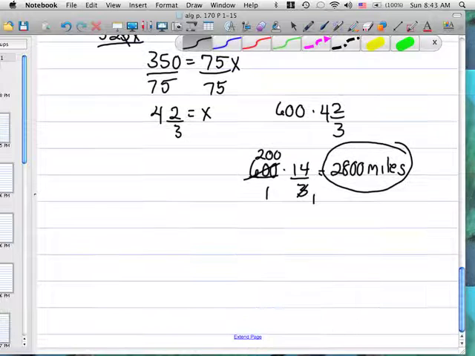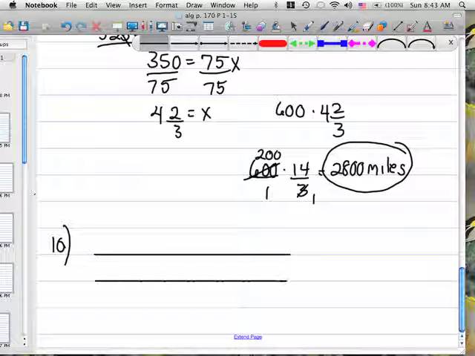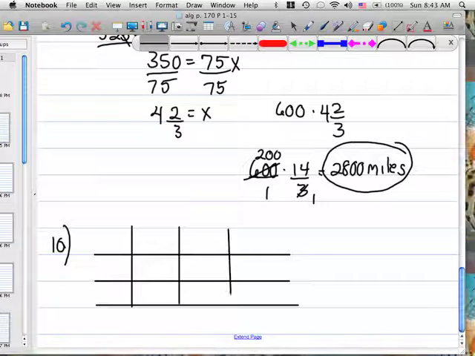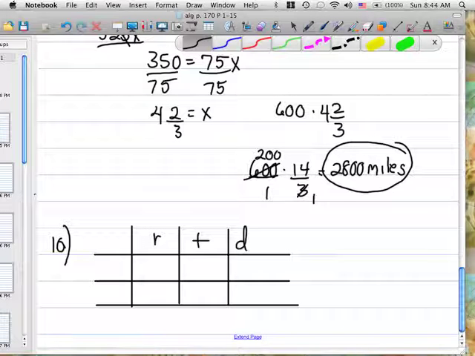Problem number 10. Make the chart. Label the columns rate, time, distance.